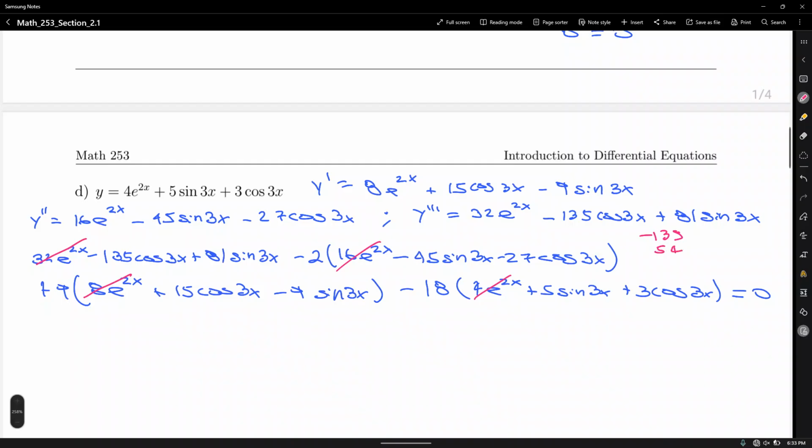You guys see what I am doing here? Okay, perfect, great. All right, cosines, 15 times 9. Big number. Can anybody help me with the calculator? 15 times 9, what's that? 135. Yes, 135 positive. And 3 times 18, that's a negative 54. So yes, these all add up to 0 cosines.